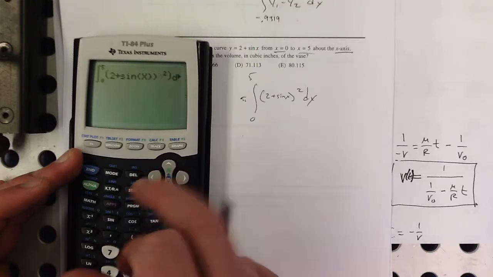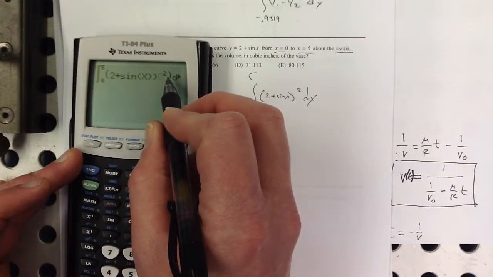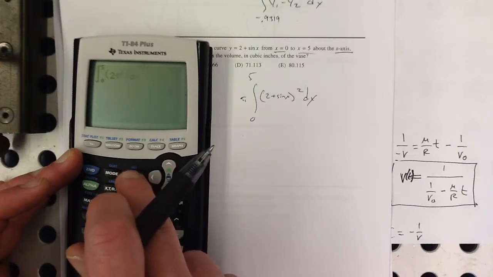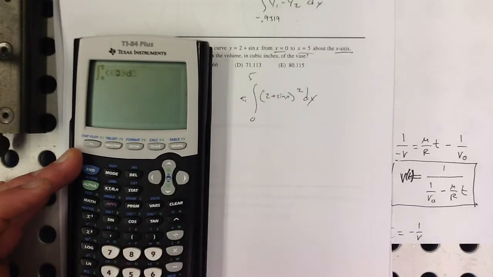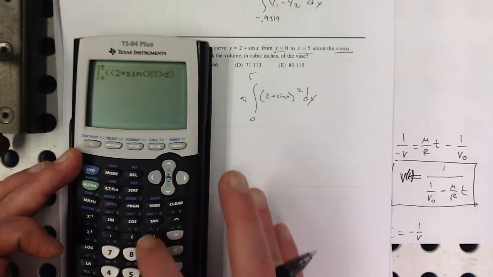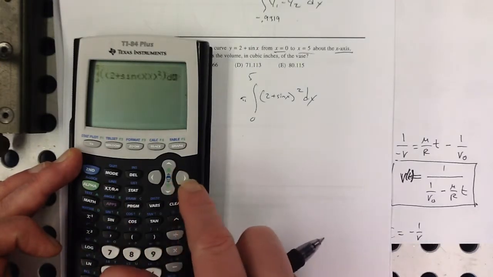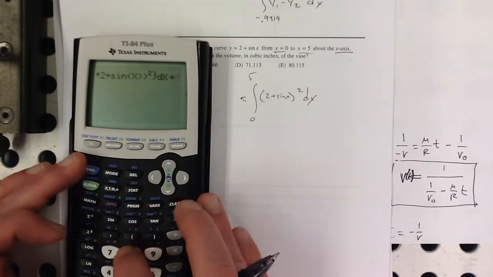I think the problem is here. I need to put another set of parentheses there. I didn't like the way that was looking, so I'm going to be safe. 2 plus sine x, and then close that, and then I can close that one and square. There we go, that looks better to me. And dx, and that whole thing is multiplied by pi.